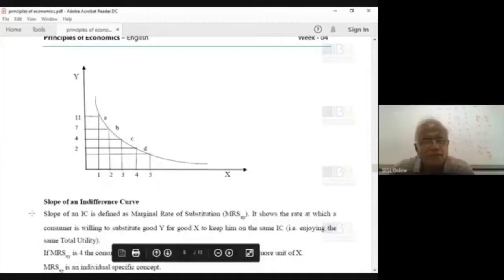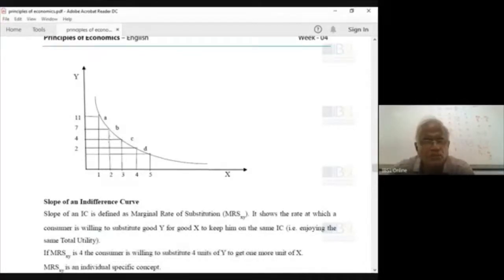Between B and C, 7 minus 4 divided by 3 minus 2. That means 3. If the consumer at B moves to C, you are getting 1 more unit of lemonade. How many units of chocolate are you going to give up? 3.